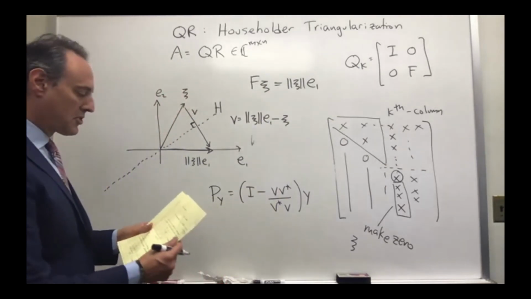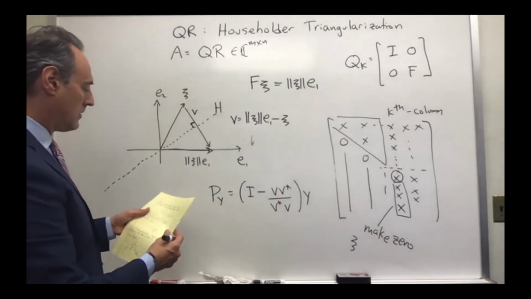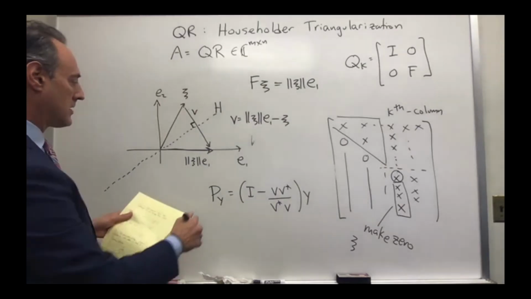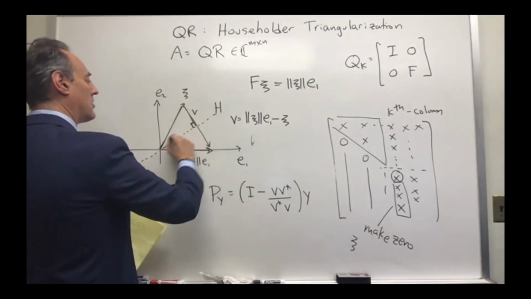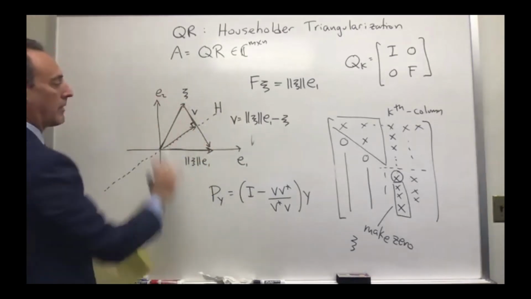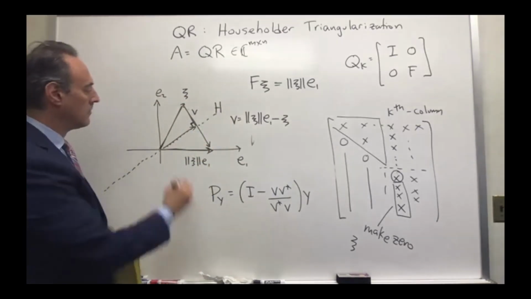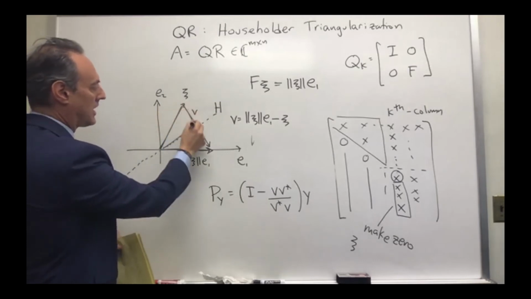But notice this projector, by the way, isn't quite what I want. What I really want is this: PY will take this and project it down to this hyperplane. And on this hyperplane, everything's going to be orthogonal around it. But this vector C isn't just going to be a projection down to the hyperplane. It's not going to be just this vector.